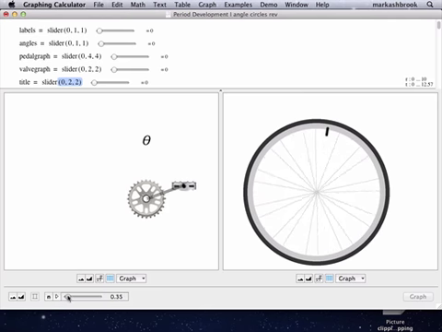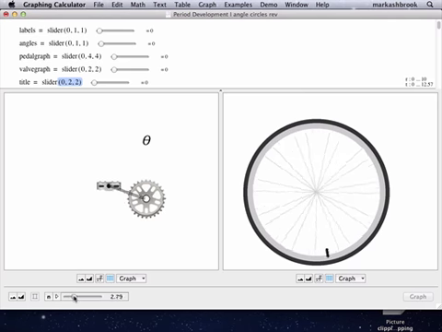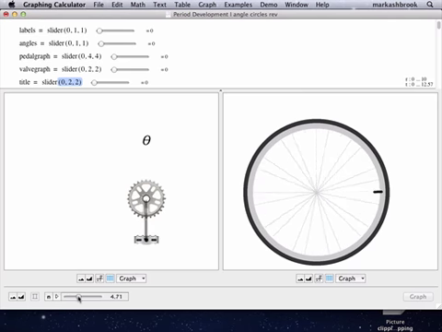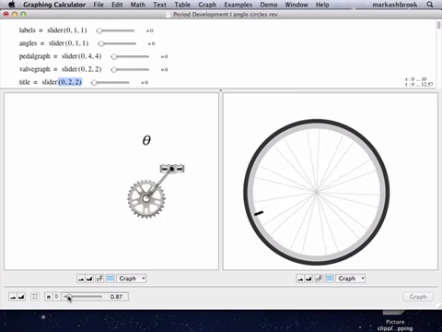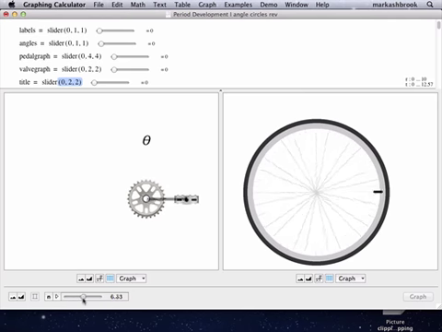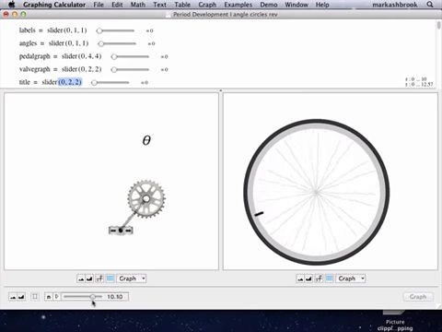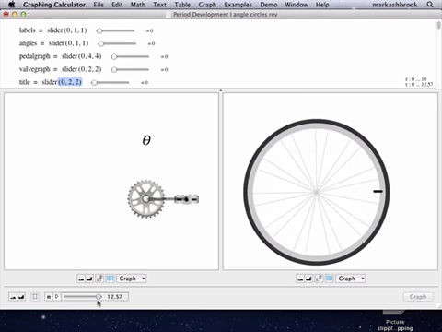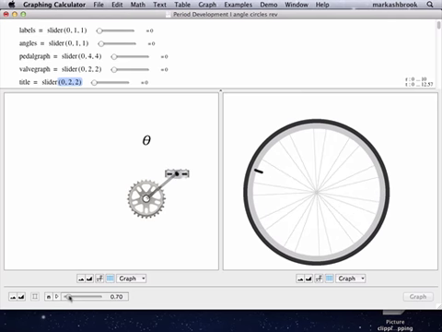4. What do you think? It's like 4. Okay, so I hear some people saying 4. So let me put the pedal valve at 1 radian.